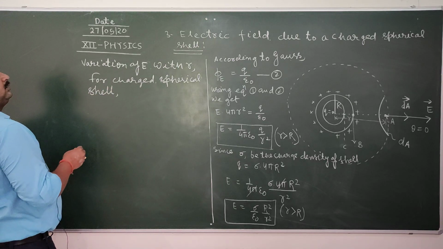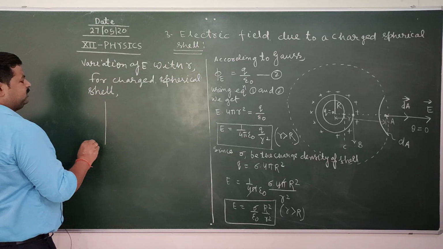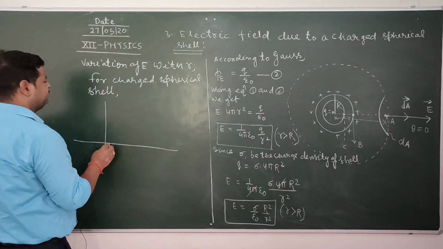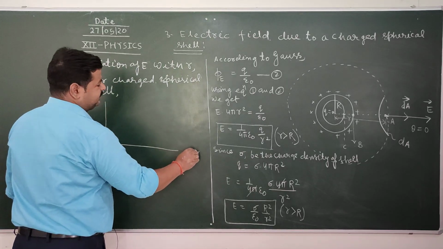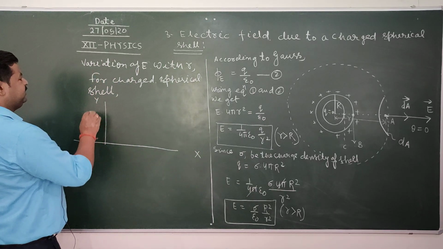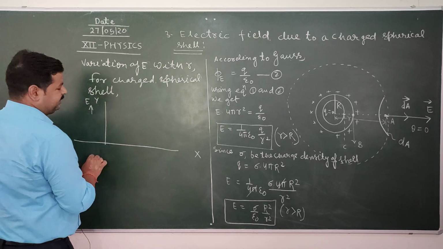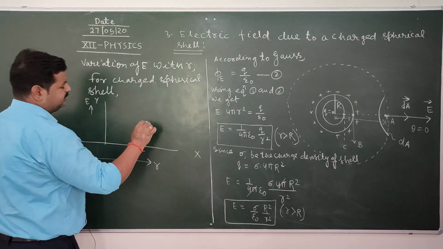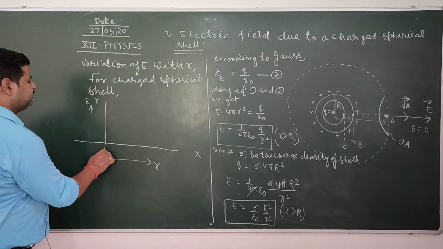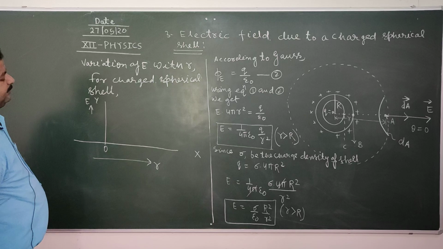Clear? So here we draw a diagram. This is known as the x-axis and that is the y-axis. The y-axis represents electric field and the x-axis represents distance from the center of the spherical cell.